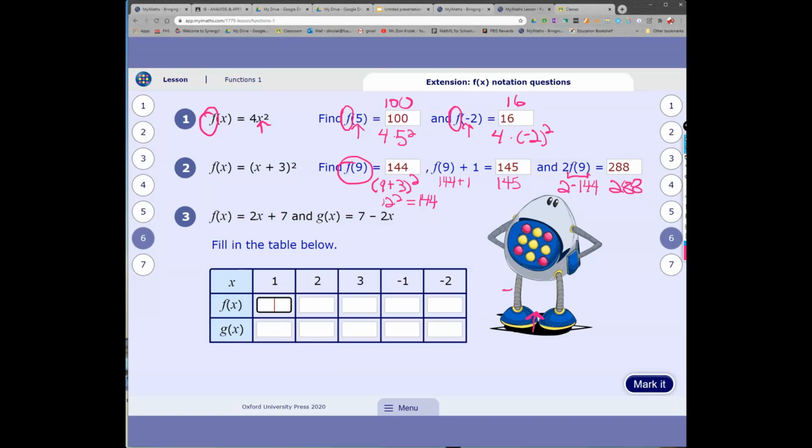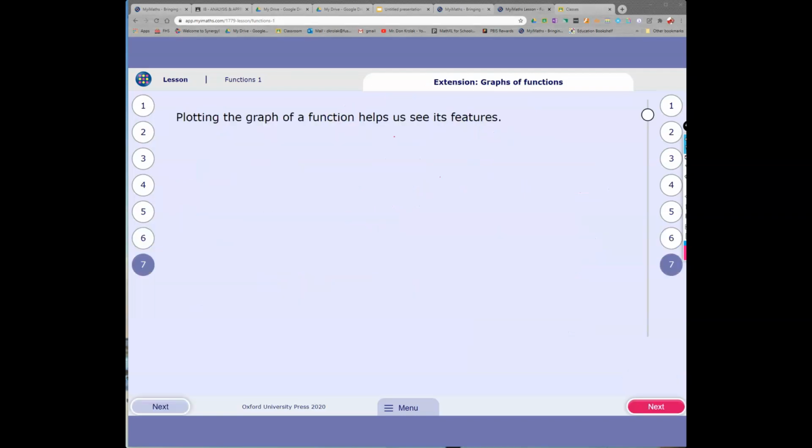All right, now we're just filling in this table. The second row we're using function f, and the third row we're using function g. So you're putting a 1 into this equation and a 1 into this equation, and then putting in the corresponding values. All right, plotting a graph of a function helps see its features.